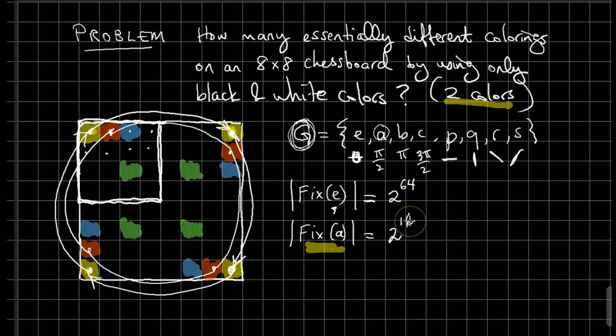There are actually 16 cycles. And it turns out that fix of A is basically the same as the fix of C. Fix of B is slightly different. The fix of B, the 180 degrees, so we need to be cautious on that one.